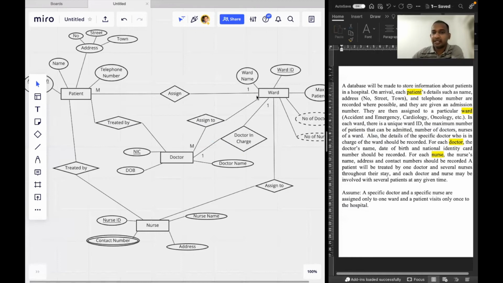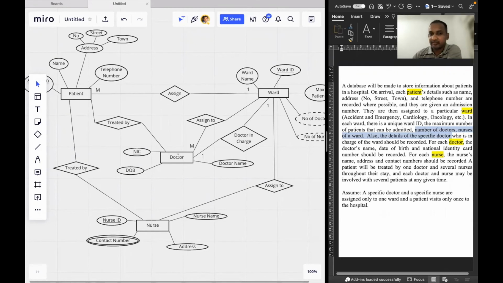And take the cardinality to the other side, the ward side. Then again, you have to do the previous one. That means take the doctor side as 1. If you take one doctor, he is assigned to how many wards? That means he is working on one ward or many wards. You can take it from the scenario. In this scenario, you can identify there is an assumption: a specific doctor and specific nurse are assigned only to one ward.